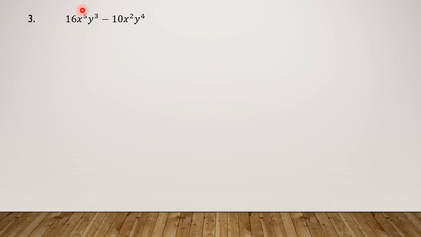Okay, si X raised to 5, ang least degree ay si X raised to 2. Ito kunin natin. At si Y cube, ayan. So, kailangan mag-reflect siya sa dalawa. 2 times 8 times X raised to 2. Ito kasi siya eh. So, ang katambal niya na lang ay 3 kasi 3 plus 2 is 5.